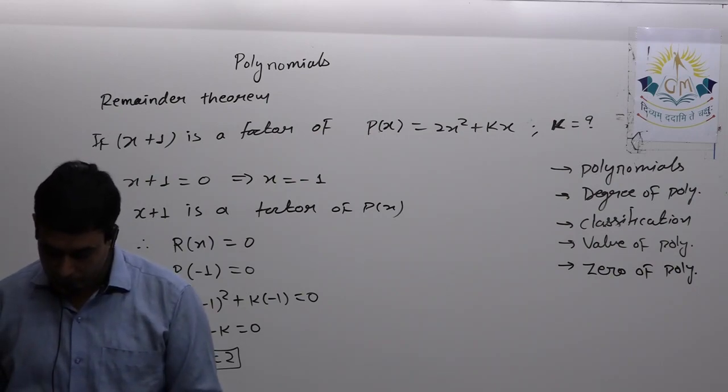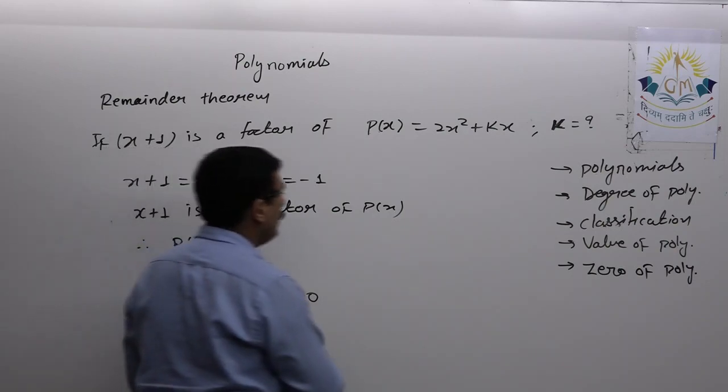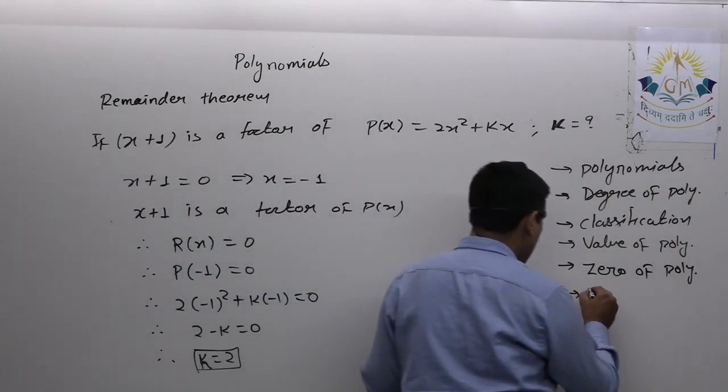Now next we will see the factor theorem. See, the remainder theorem and the factor theorem are very closely connected to each other.